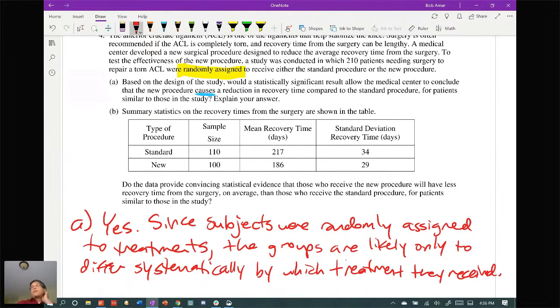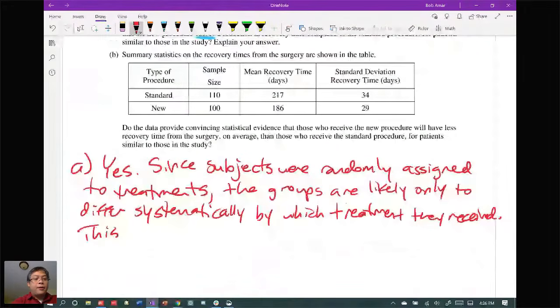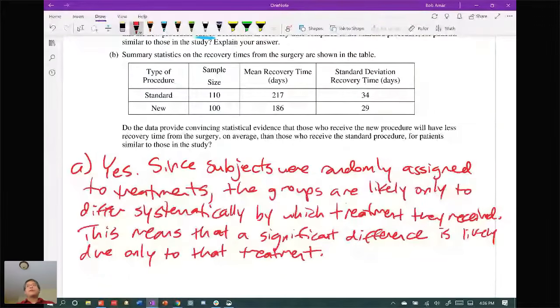This means that a significant difference is likely due only to that treatment. It's a classic cause and effect answer.